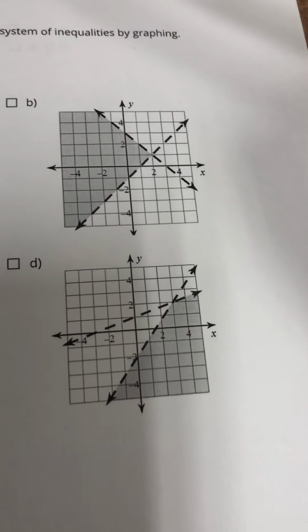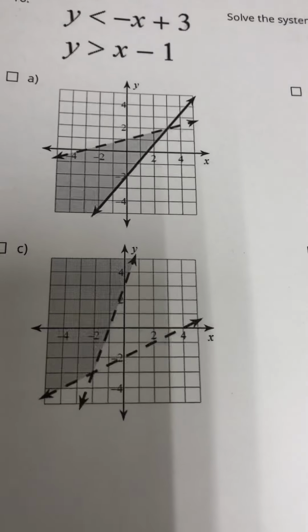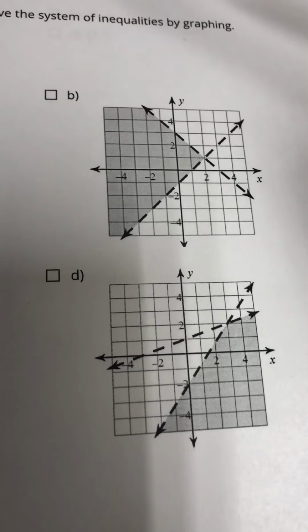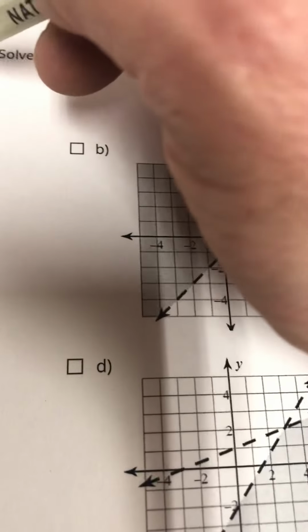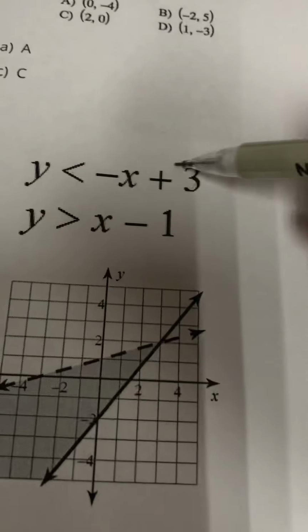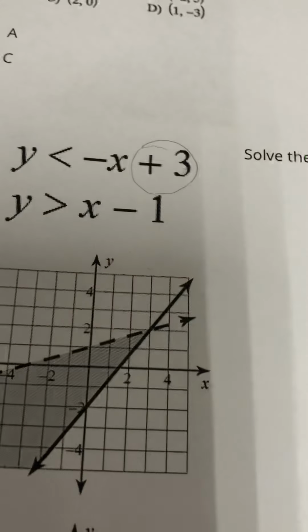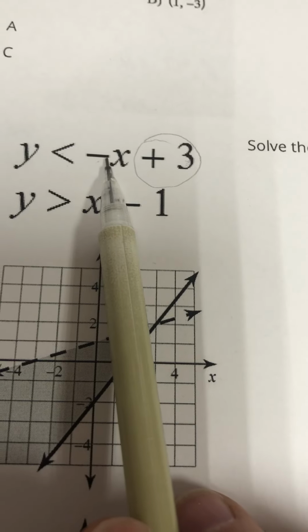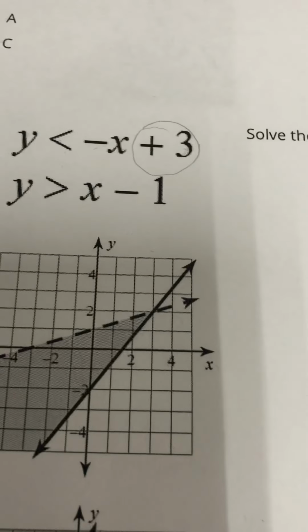There's only 2 of them that I see that have a dotted line with a y-intercept of 3. Remember, this is the y-intercept back here. And then you have a negative slope, so it's going down 1 over 1. Now that should be enough to give you the answer.